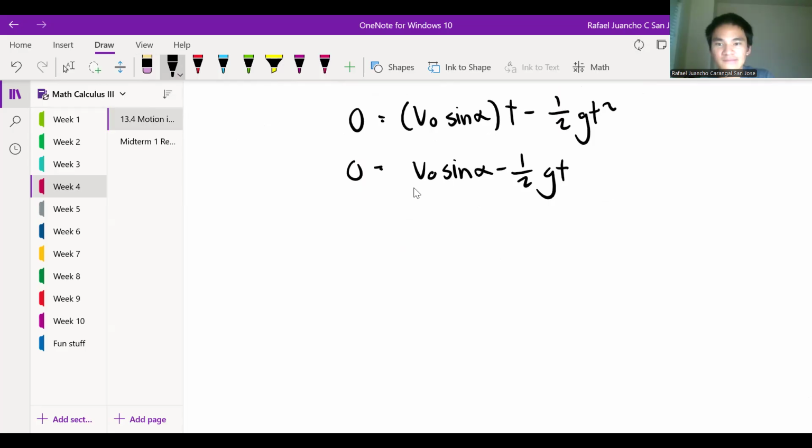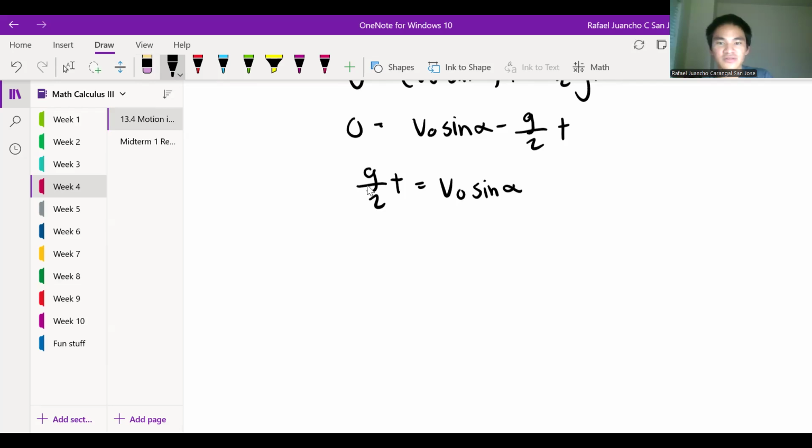Okay, now what can I do? I can modify this a bit, maybe put g over 2 times t. I could put v naught sine alpha to the other side. So g half t equals v naught sine alpha.